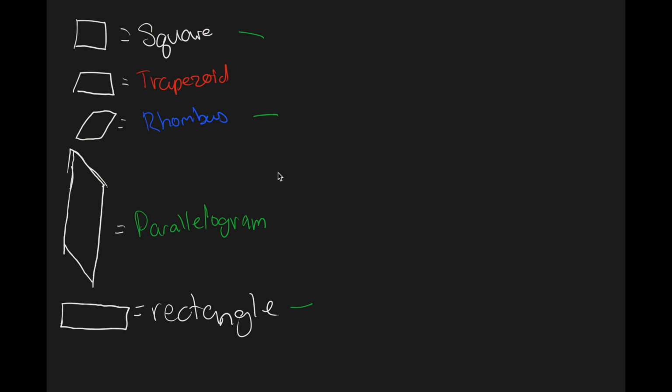Okay, since there's no scrolling to do, I'm just going to dive right into it. A square is a rhombus, is a rectangle. A rhombus is a square, and a rectangle is a square.